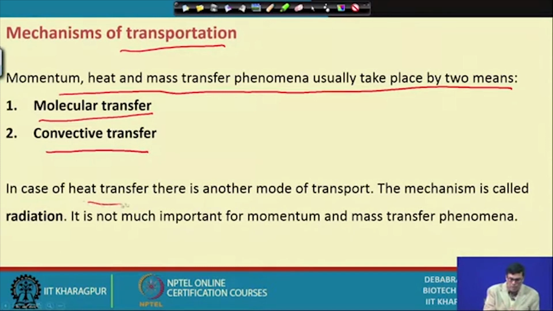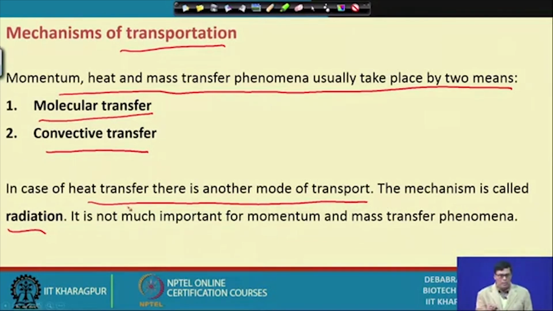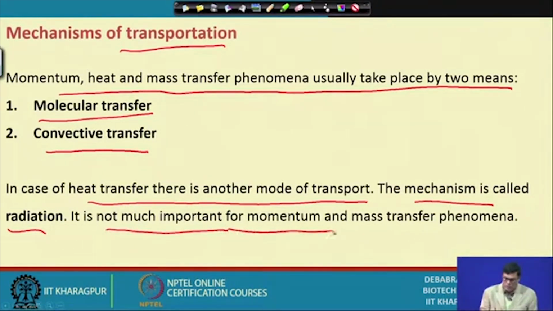In the case of heat transfer, another mode of transport is there, radiation, which is not applicable in the case of mass and momentum transfer. Radiation transfer is applicable only in the case of heat transfer, and it is not very important for momentum and mass transfer phenomena.